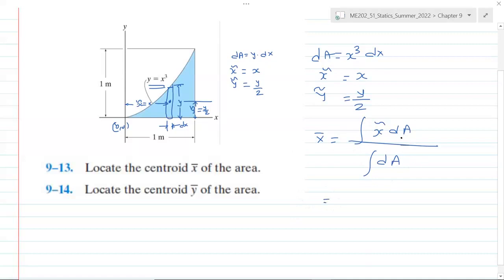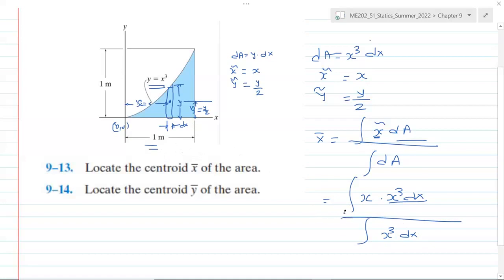So we can substitute this equation for dA. Now x tilde itself is x, so we can substitute that here. So it's x times x cube dx. So this x cube dx is for dA, and x tilde is replaced by x, divided by integral x cube dx. And since it's integral over x, the limits are from 0 to 1.